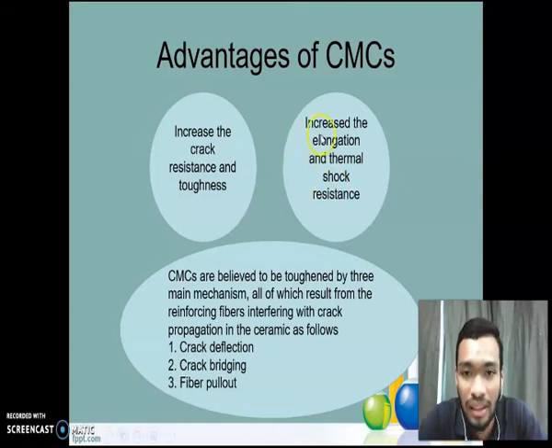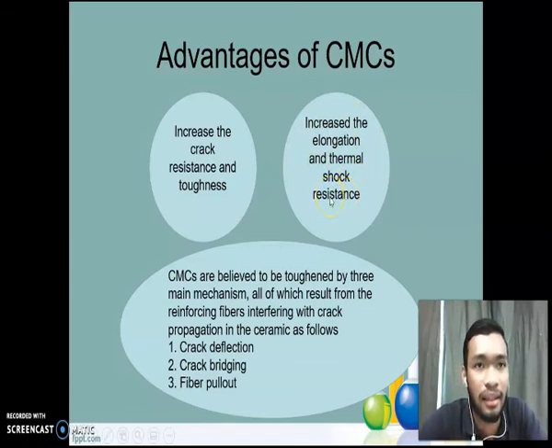The second one is increased elongation and thermal shock resistance. Thermal shock resistance means it can hold up in high temperature, so it does not break easily.